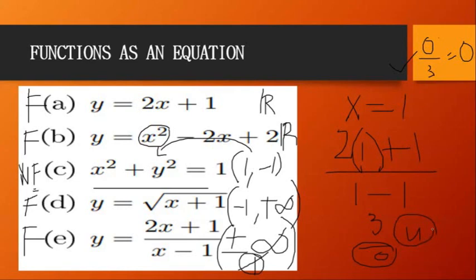Pag ginraph mo yan, possible niyan putol. Okay, let's say ito yung ating graph. Technically or originally, ganito yung graph natin, di ba? Halimbawa, ito. Pero kung meron tayong undefined number, x man yan or y man yan, ganito yung magiging itsura niyan. May part na putol. Okay?